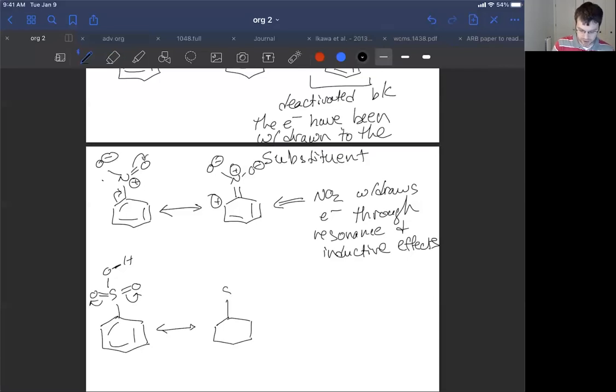That's a viable resonance structure because now everything has an octet as opposed to sulfur expanding its octet. And when we do that, we put a 2+ on the sulfur atom right next to the aromatic ring. So we're definitely withdrawing electron density. We don't even need to worry about inductive effects because the resonance effects are so strongly withdrawing.